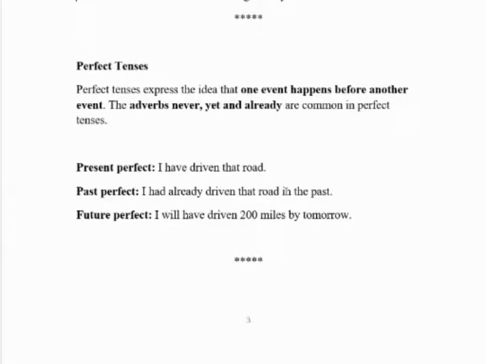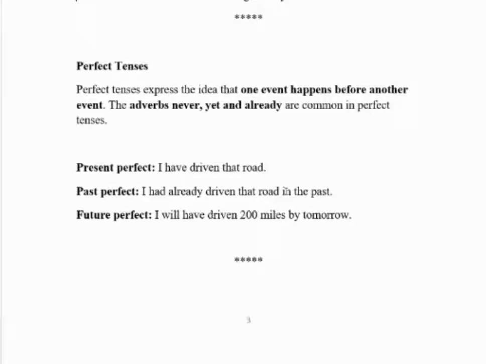The future: when we are talking about the future, we always use will. So we have the subject and will. Also, will does not change with the change of the subject. I will have. After will, always remember, we have the infinitive. We don't add anything to the verb. So I will have driven.